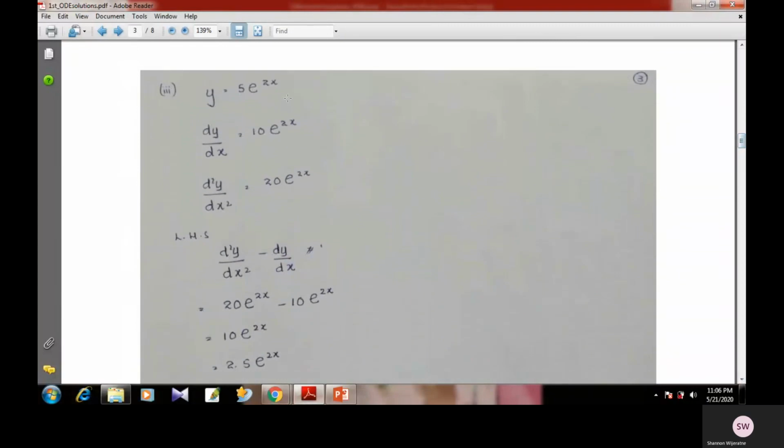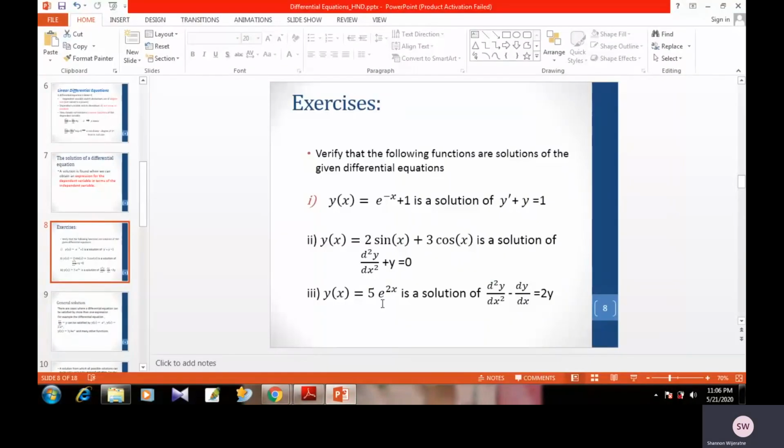Here, the function is y equals 5e2x, and the differential equation is d2y over dx squared minus dy by dx equals 2y. So let's check whether this solution satisfies this differential equation.